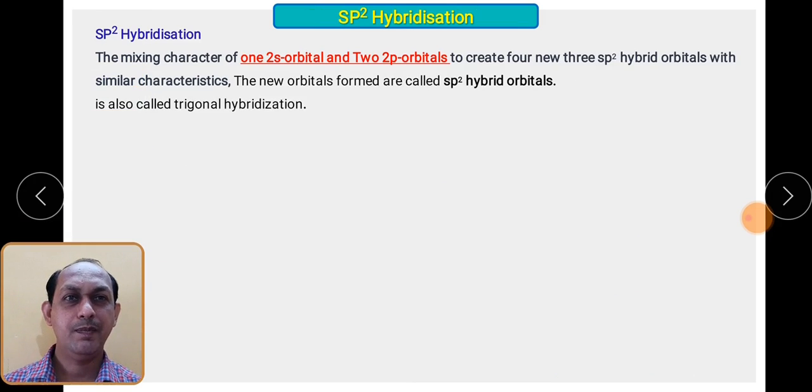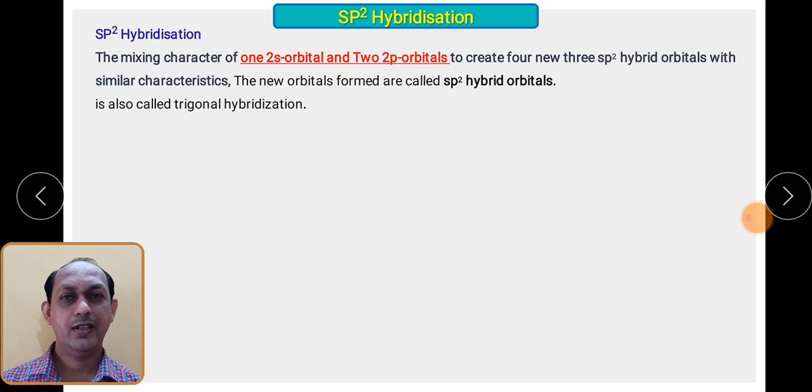Now let us see the example of sp2 hybridization. So what is sp2 hybridization basically? sp2 hybridization is nothing but the mixing of one s and two p orbitals. Remember always one s and two p orbitals, to form three new sp2 hybridized orbitals which have equivalent energy, and they form the trigonal geometry.